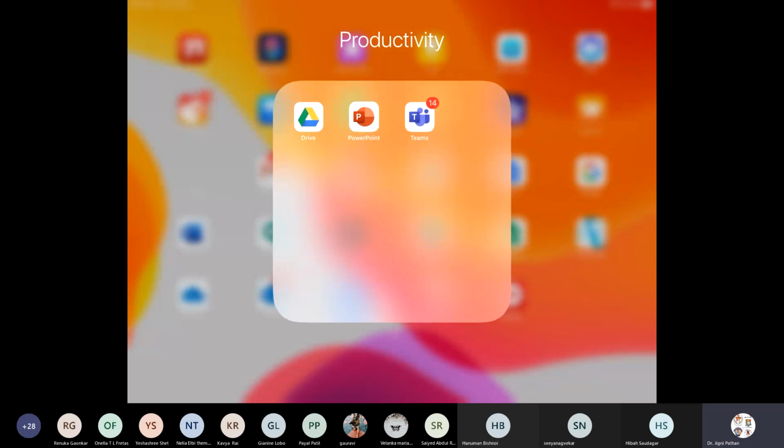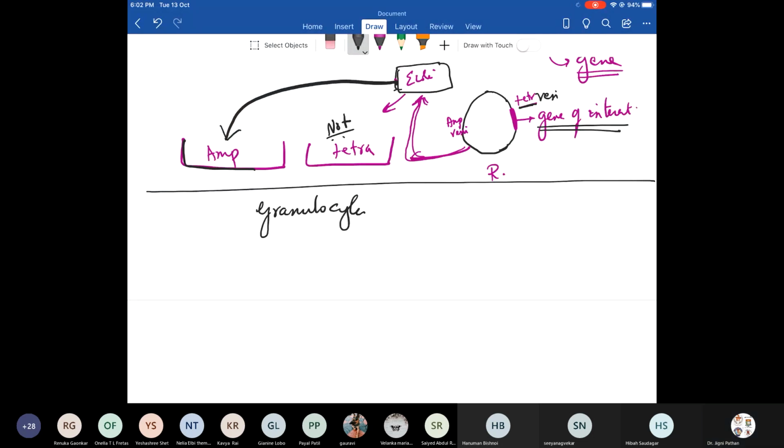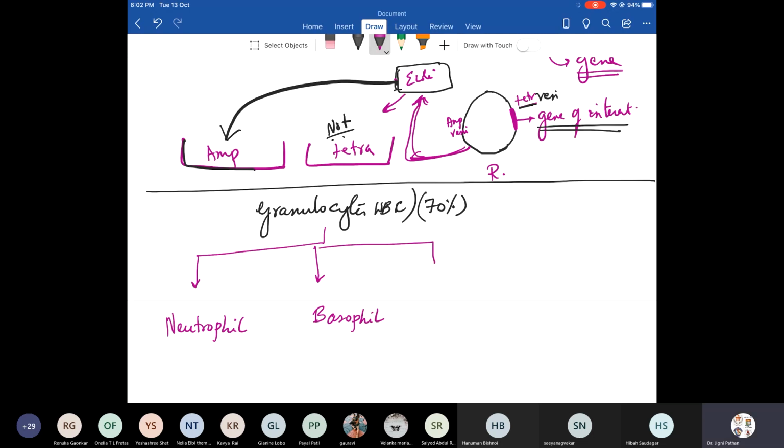Okay, let me draw it here. First, granulocytes of WBC, the percentage is around 70%. Under this, you come across neutrophil, next basophil, next acidophil. Done?